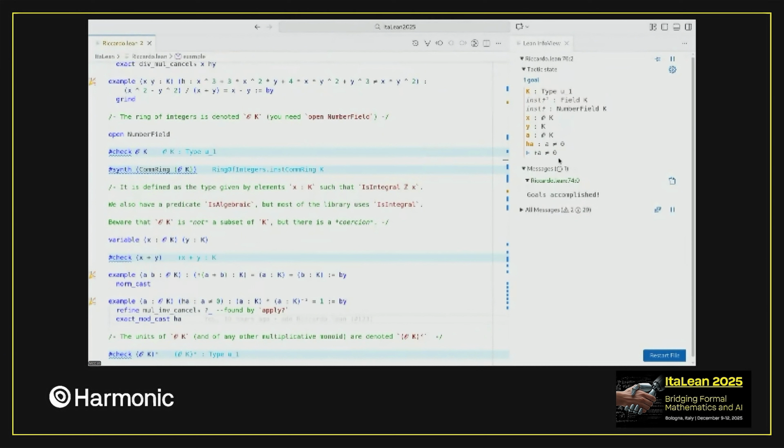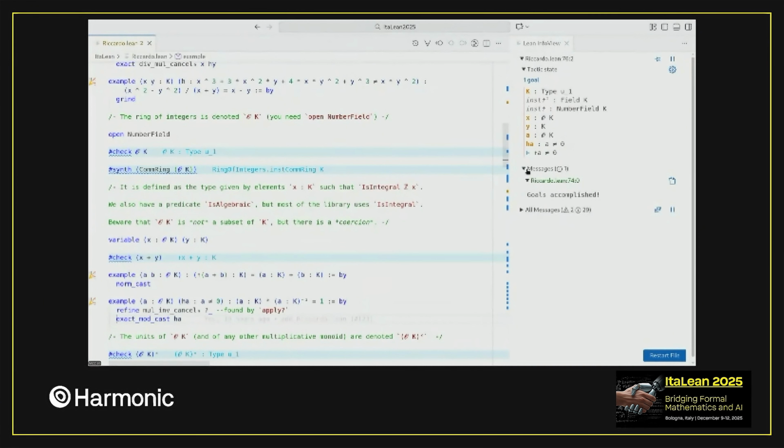And now you can complain, well, I know that A is different from 0. But if you really pay attention, you see that the new goal is upper arrow A different from 0. So the point is that you are dividing by A inside K. So what you need to know is that A as an element of K is different from 0. And again, mathematically, this is exactly HA. So there must be a lemma somewhere saying that A is different from 0 if and only if A as an element of K is different from 0, but you probably don't want to find this lemma, and you can use the exact modcast tactic.